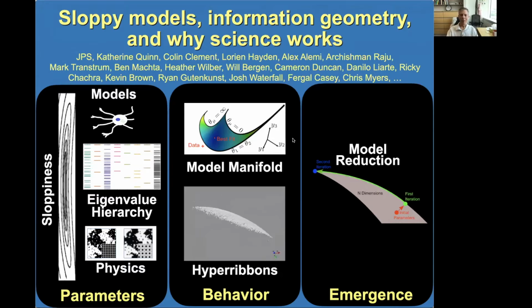And then I will end with a way of taking the parameters in these very messy, complicated models and distilling them into something that looks a little bit like a physical law.